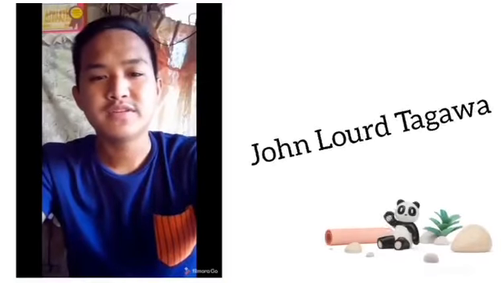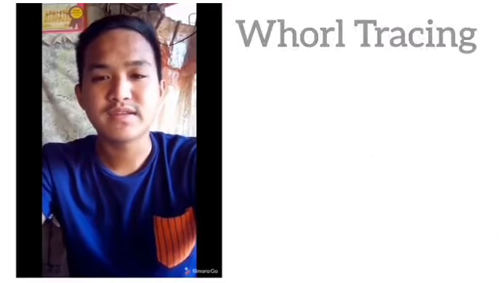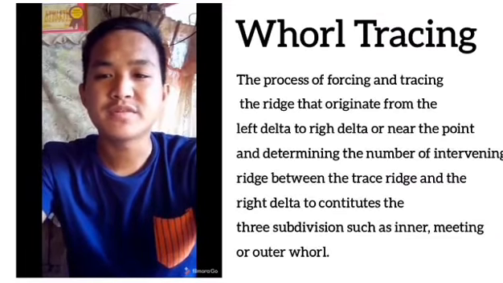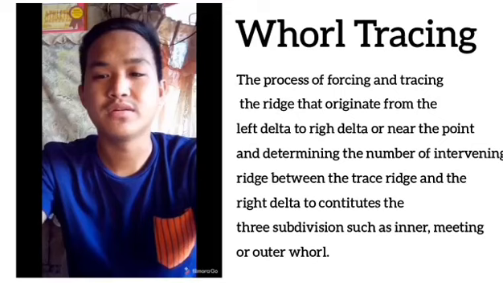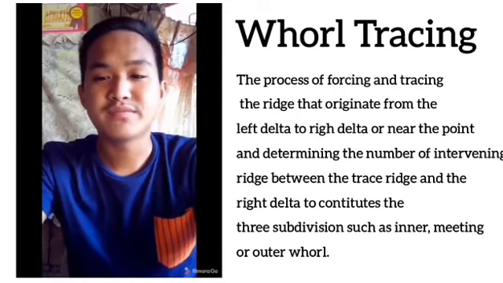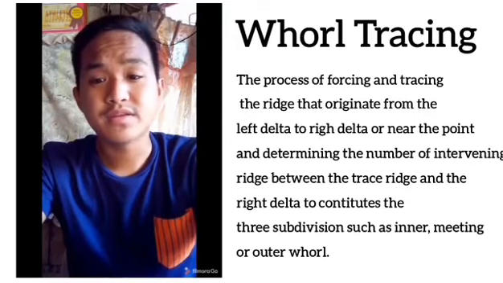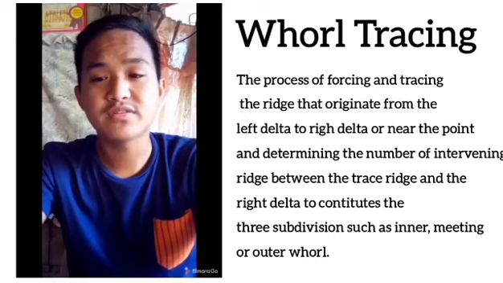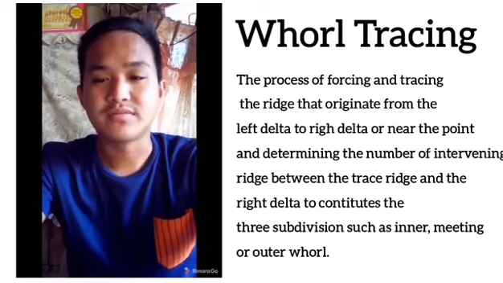I'm Tagawa Lourd C. from 2CR-27. Whorl tracing is the process of crossing and tracing the ridge that originates from the left delta flowing toward the right delta, or near the point, and determining the number of intervening ridges between the trace ridge and the right delta to constitute the three subdivisions such as inner, meeting, and outer whorl.